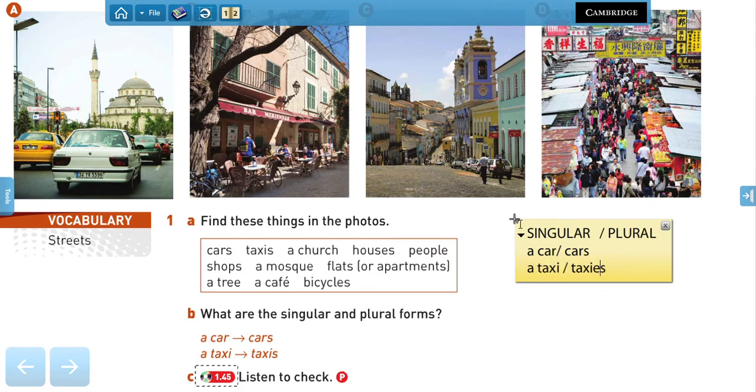Do the same with the rest of the words. Now let's check. I'm going to play the recording and write the answers next in that post-it, okay?